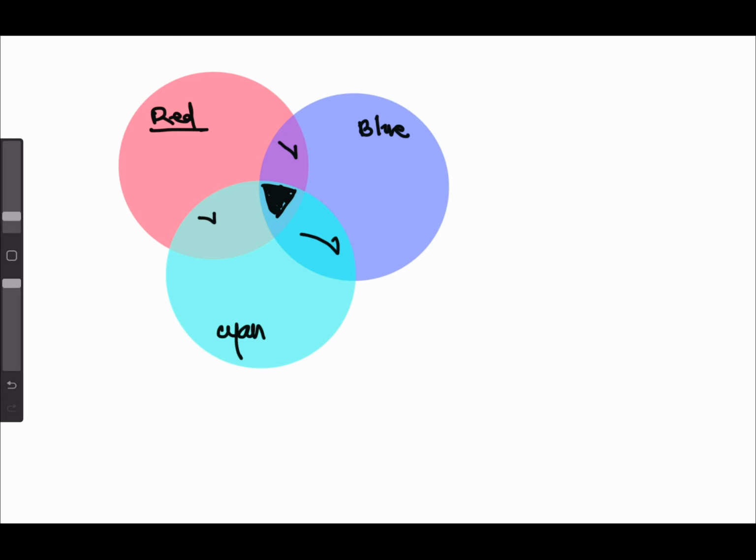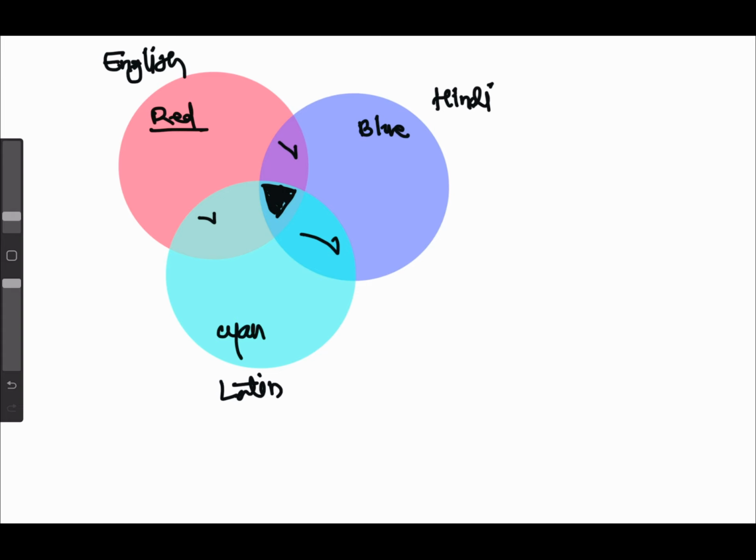So suppose instead of colors, red is the group of people who speak English, blue is the group of people who speak Hindi, and cyan is the group of people who speak Latin.